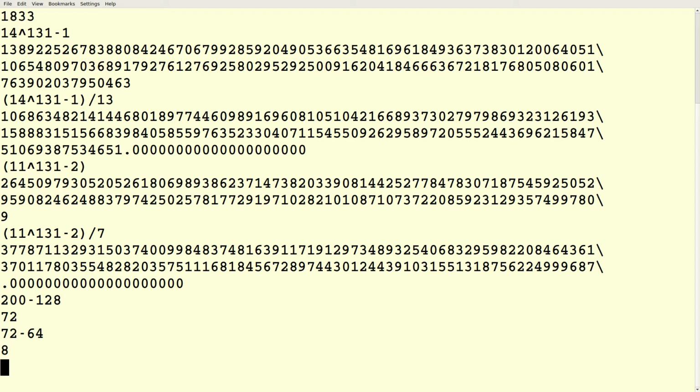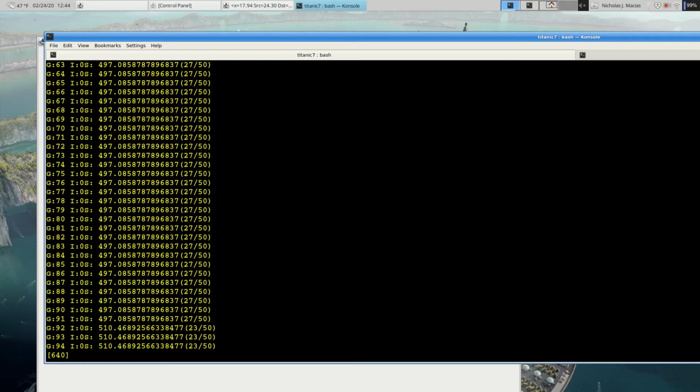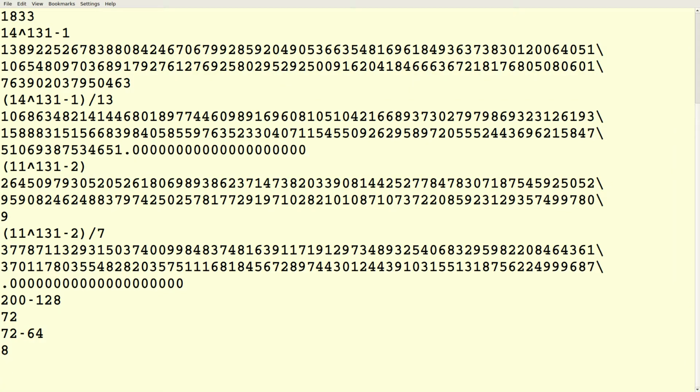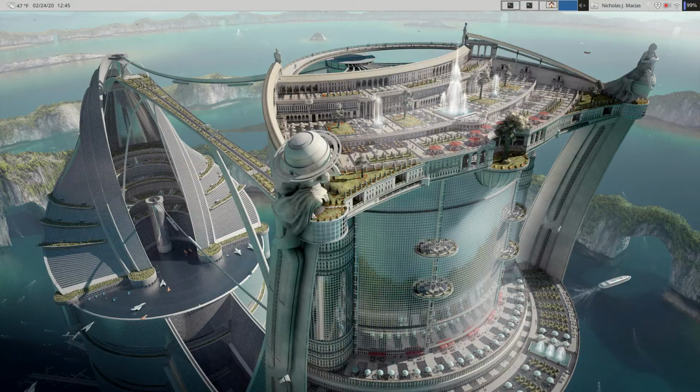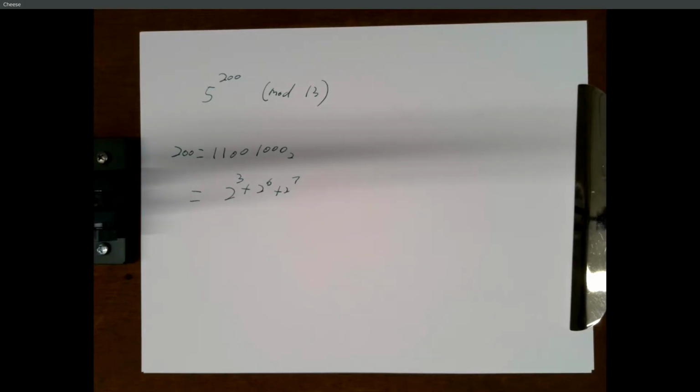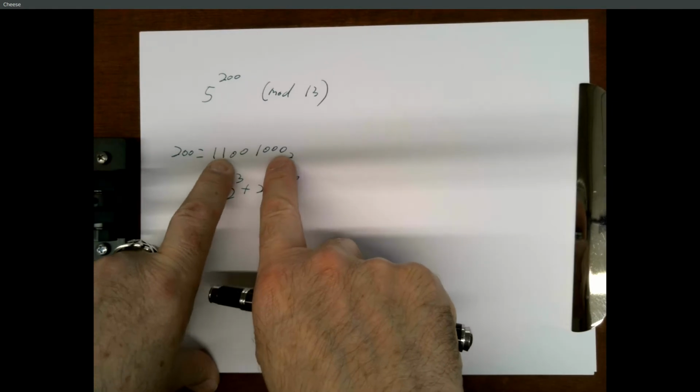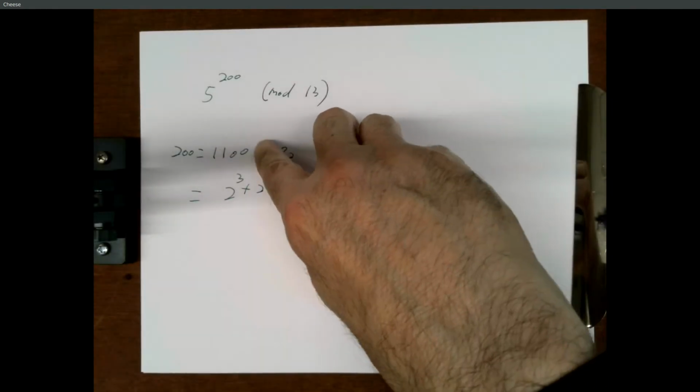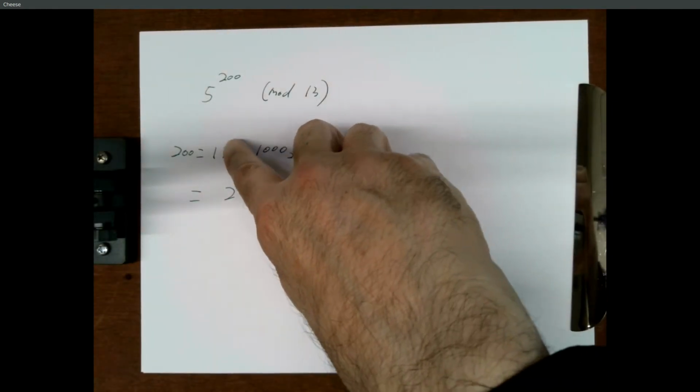So 200 is equal to 2 to the third plus 2 to the sixth plus 2 to the seventh. Where did my screen go? There we go. Alright, so that's 200 in binary, which means it's 2 to the 0, 1, 2, 3, plus 4, 5, 6, plus 7.